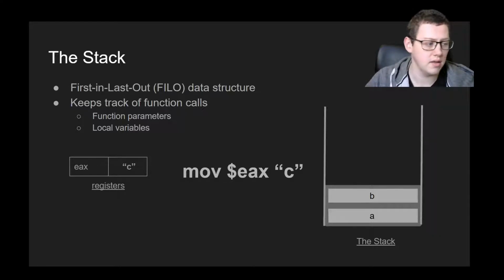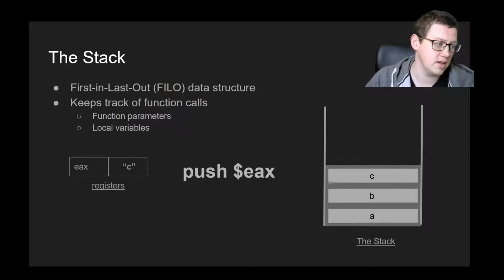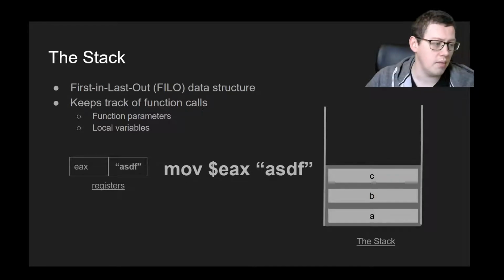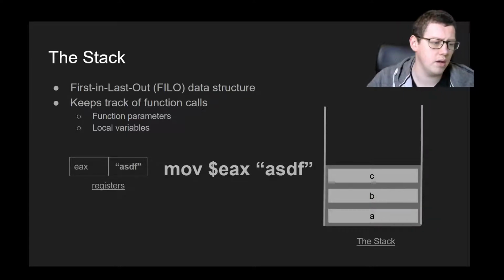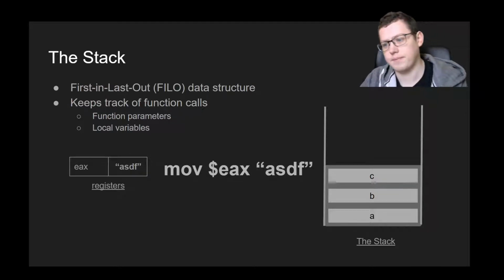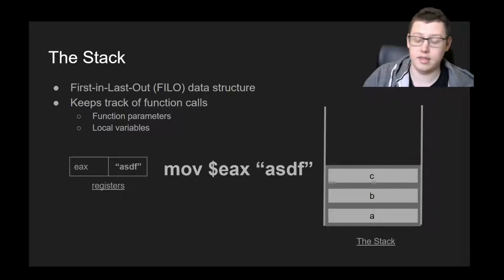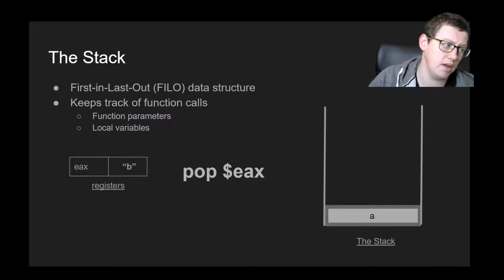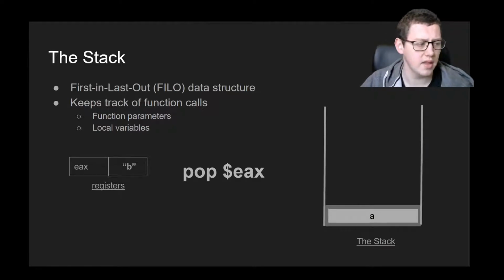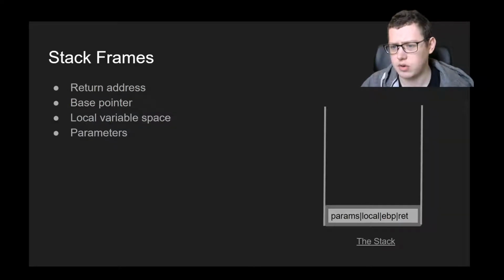So in this case it's B. And then we can do the same thing again with C. Then we might continue program execution whilst we're within this C function. We might be doing some other operations that change the value of the EAX register. So if we want to then get the C back, we can pop that from EAX, and then same again with B. So that's just an example of how stacks work in general.